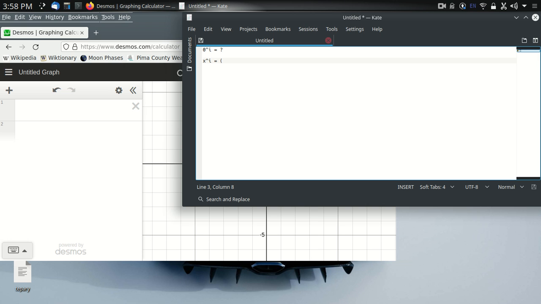He's like, well, x is the same as e to the ln of x, right? So that all is the same as this.